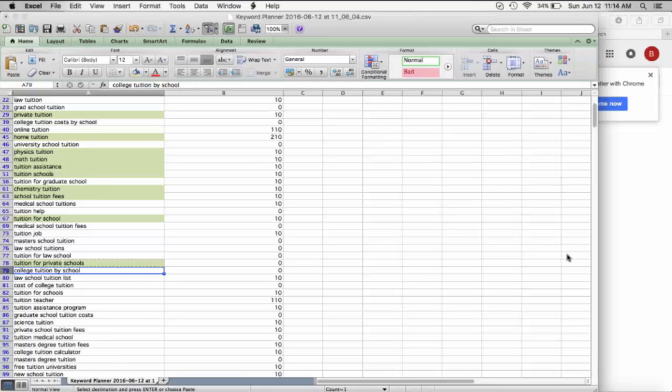So yeah, it could be a B2B kind of a thing. Say if I'm owning a school and I'm an admin, then I might try this keyword and see if there are any competitors out there trying to leverage such a keyword, tuition for private schools.